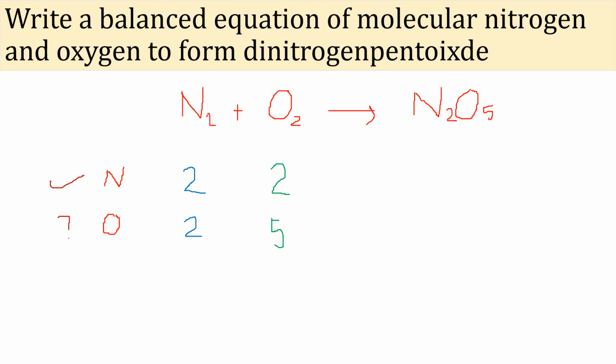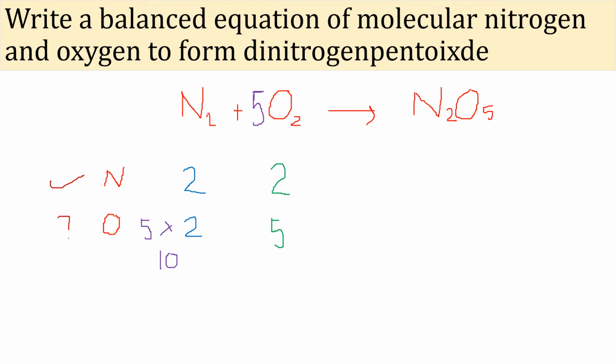We're going to balance the oxygen. We need to balance the equation. In order to do that, we're going to balance the oxygen atoms present in the equation. If there are 5 oxygen atoms on the product side, I can multiply oxygen on the reactant side by 5, which will give me a total of 10 atoms of oxygen on the reactant side, right?